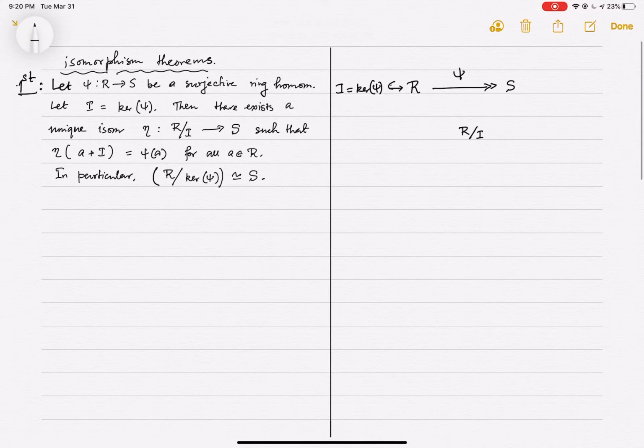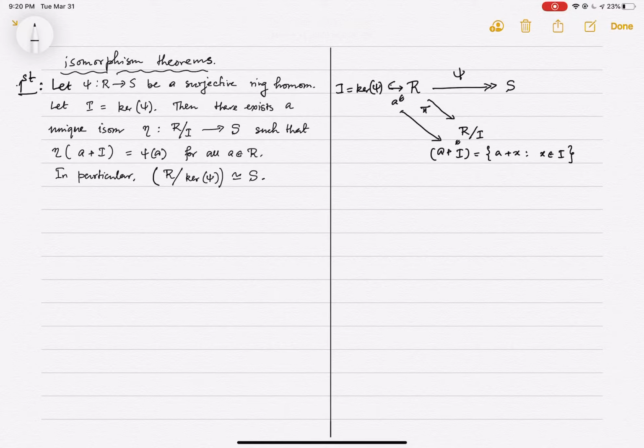Once you have this ideal I, you have this quotient ring R mod I, and you have this quotient map, the natural map called the quotient map. The map that takes an element to the corresponding coset. That's an element of R mod I, meaning a set of this form.